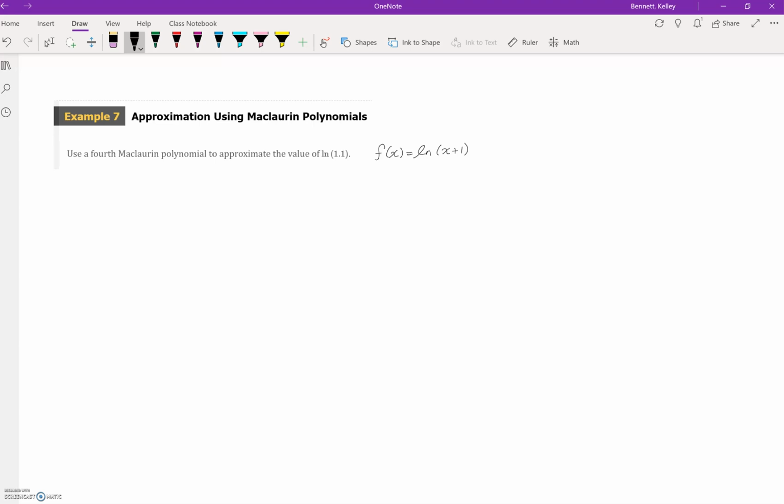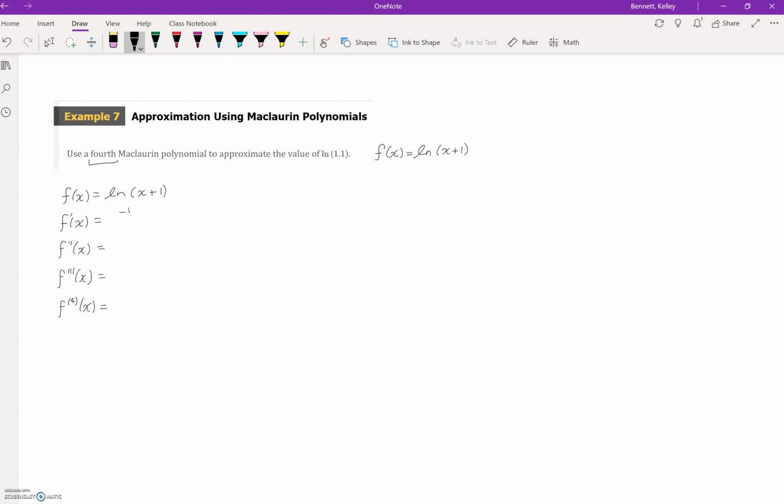So we're using a 4th degree polynomial, so we need P4. So we need the first 4 derivatives. So we have our 0th derivative, our first derivative, second, third, and fourth. So let's compute those. This is just the original function at the 0th derivative.